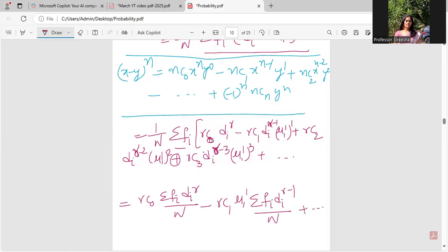In the above formula I had n, here I have r. You are understanding the rhythm, right? So, this would be what?